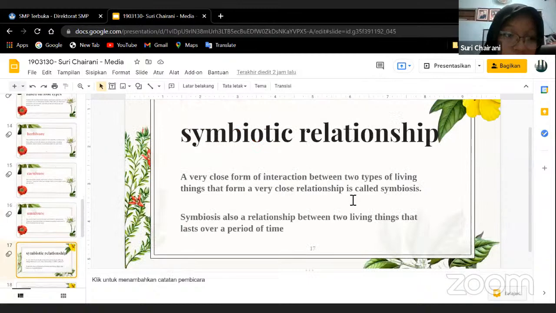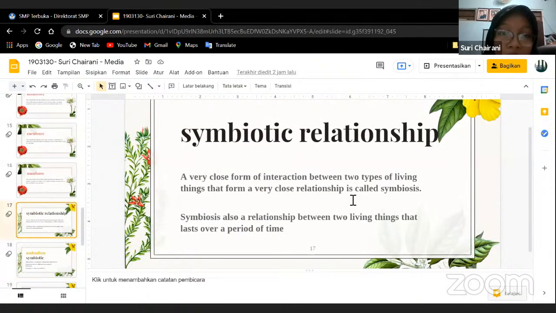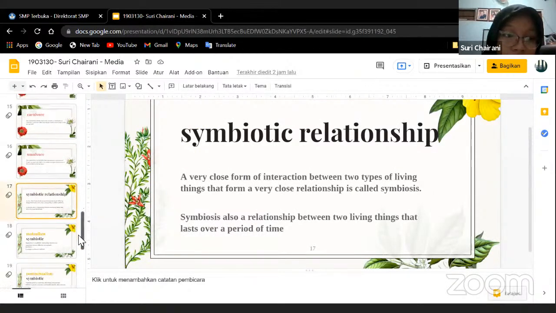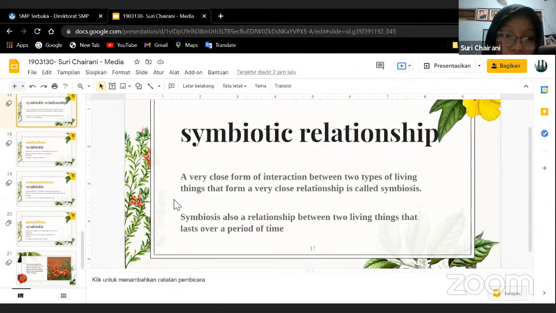I connect to the symbiotic relationship. The basic symbiotic relationships in middle school are called mutualism, commensalism, and parasitism.